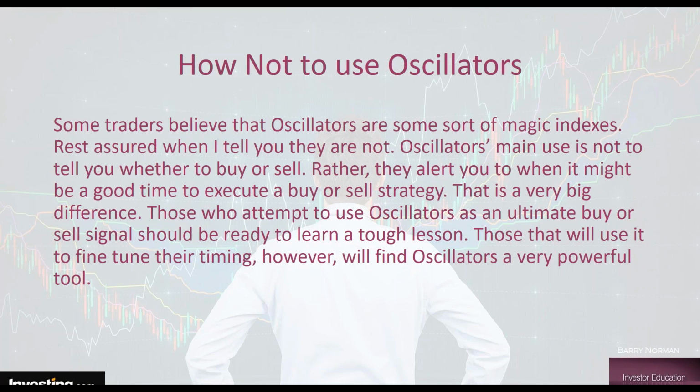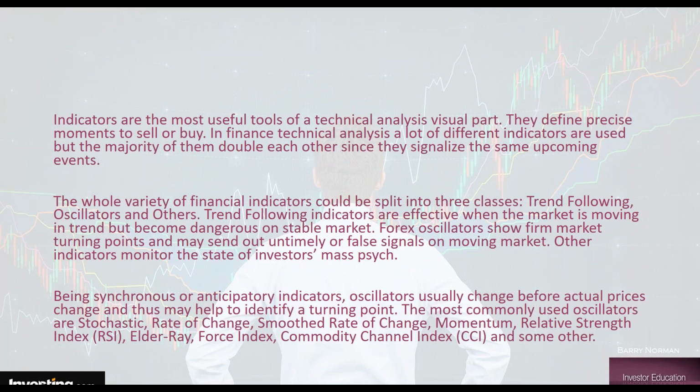Those who attempt to use oscillators as an ultimate buy or sell signal should be ready to learn a very tough lesson. Those that will use it to fine-tune their timing, however, will find that oscillators are a very powerful tool. Indicators are the most useful tools of technical analysis, the visual part, because you actually see them on charts.